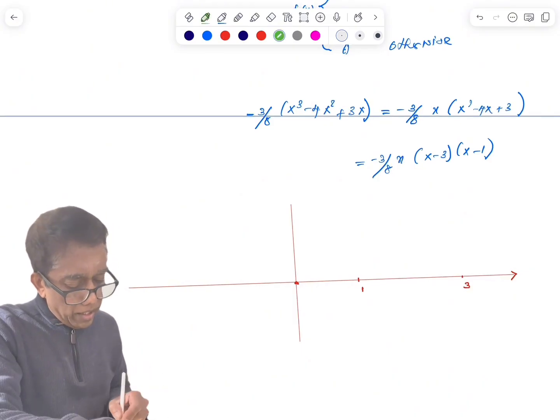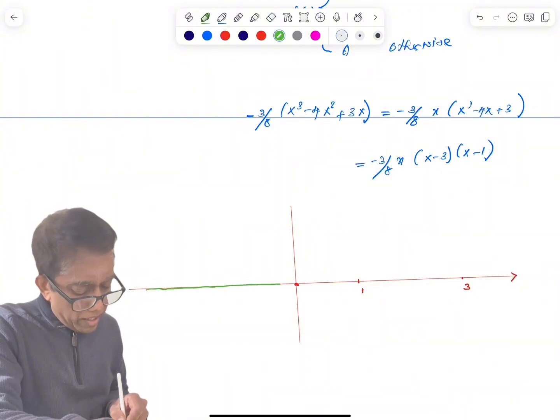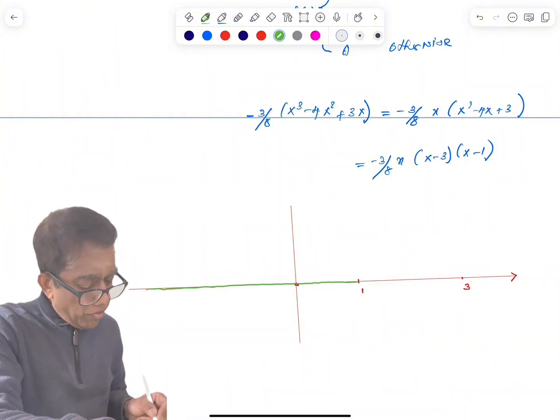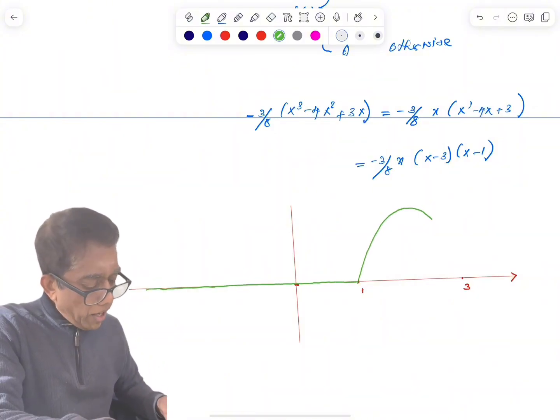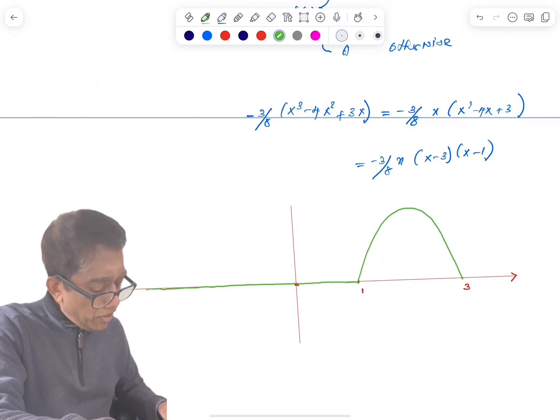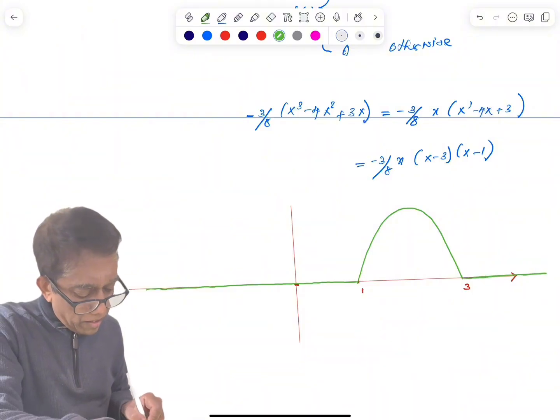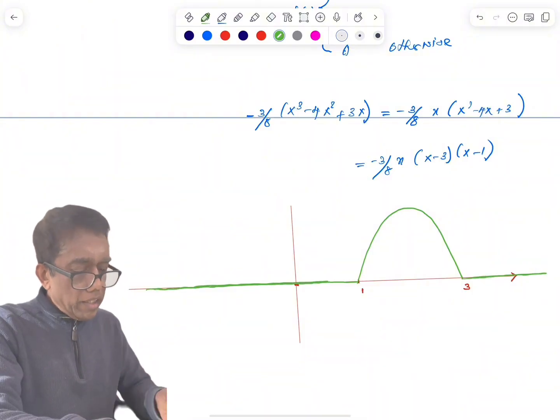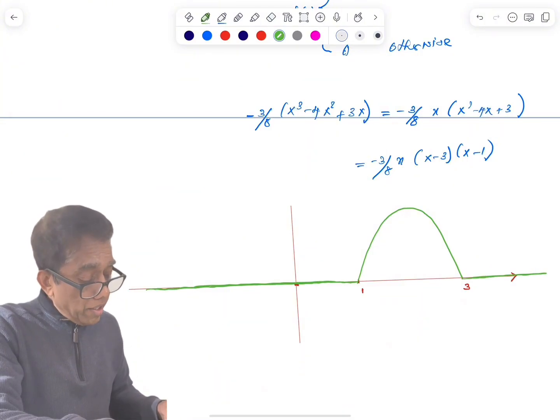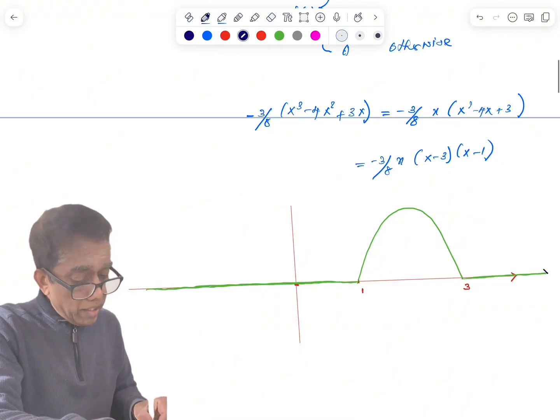However, if the x value is less than 1, it is 0. Between 1 and 3, the function is not 0. Then greater than 3, again 0. This is the graph of f(x).